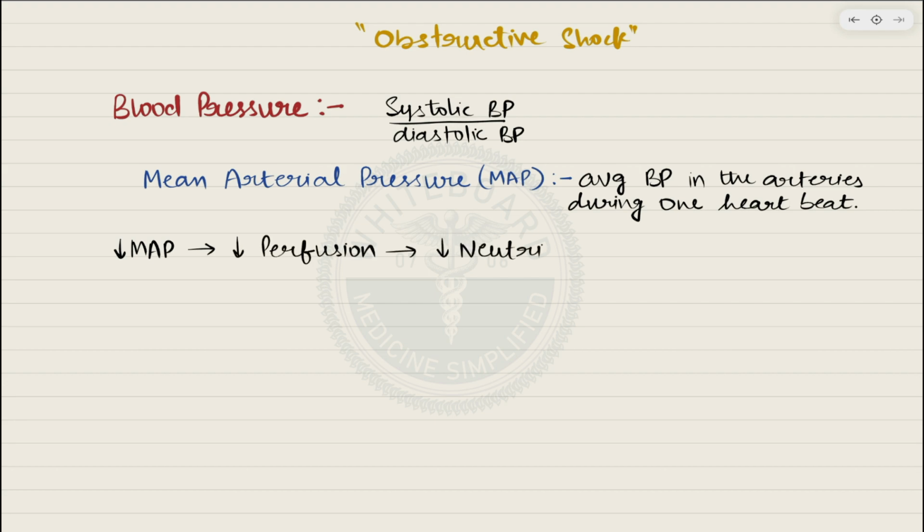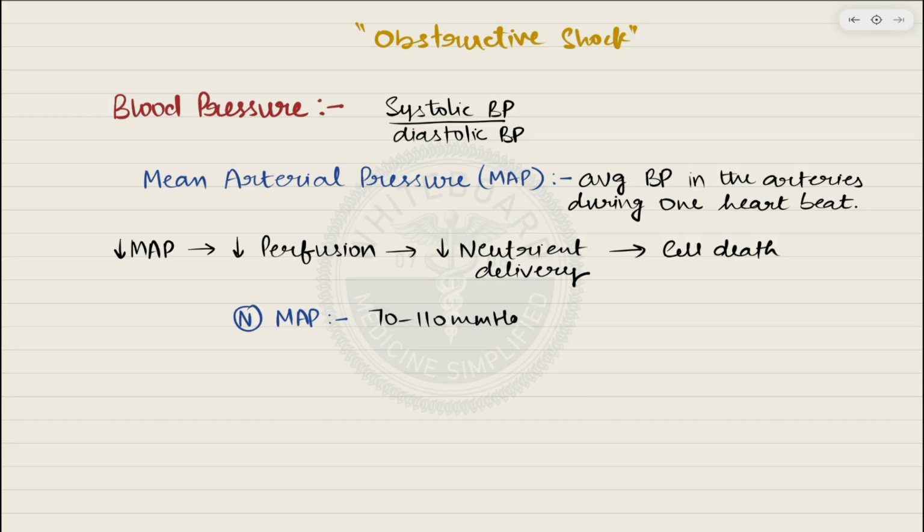Cells receive less oxygen and nutrients, and if the problem persists, cellular dysfunction and cell death may occur. Under normal circumstances, the MAP ranges between approximately 70 and 110 millimeters of mercury, and generally, a minimum MAP of about 65 millimeters of mercury is required to adequately perfuse vital organs such as the brain and the heart.